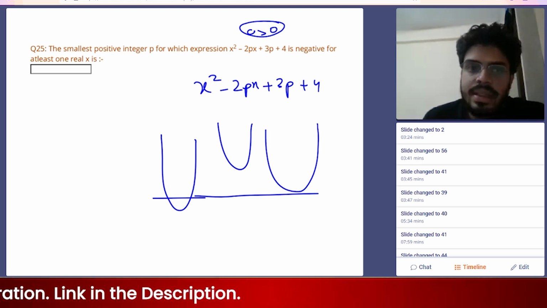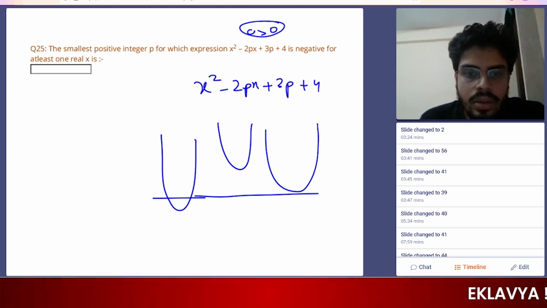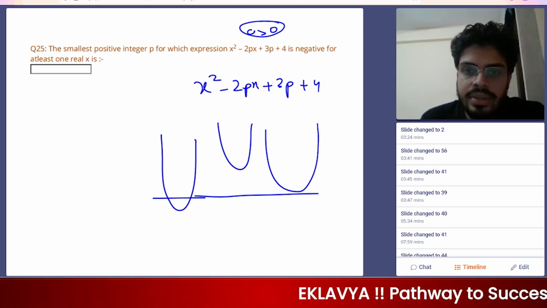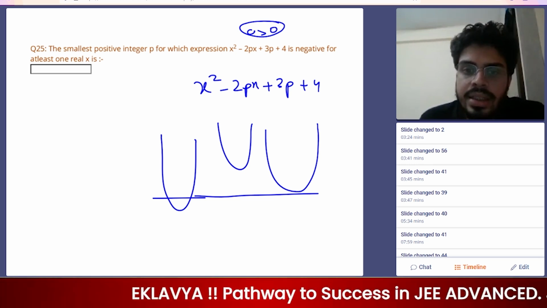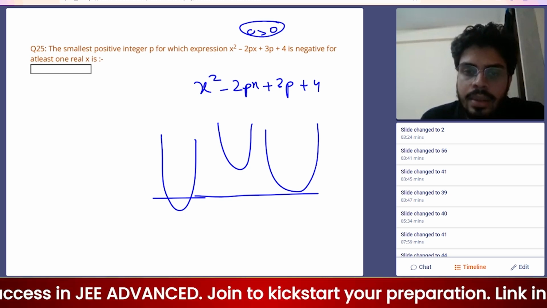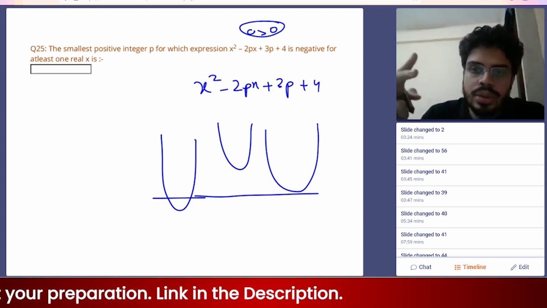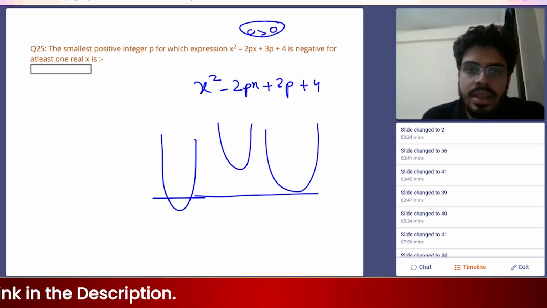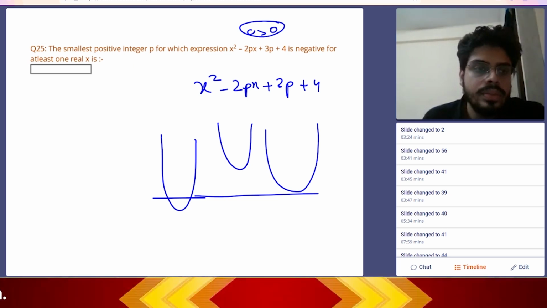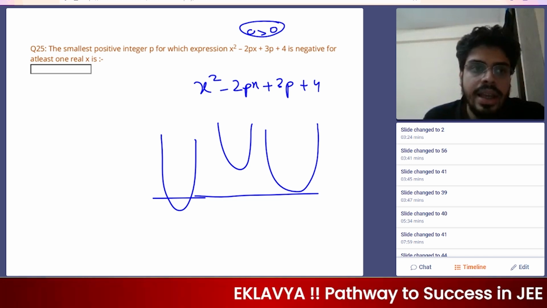Negative means it has to cut, because in the other cases the expression is always positive or non-negative, either 0 at one point but non-negative. Only when it has two roots is the function negative. So the function should cut the x-axis.